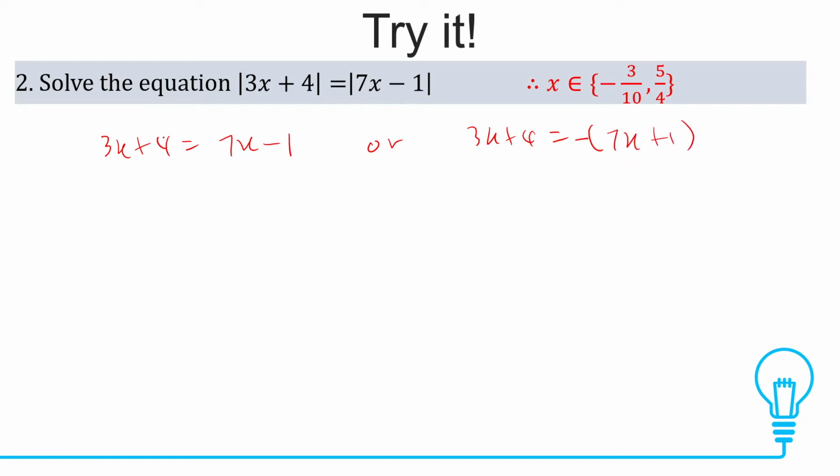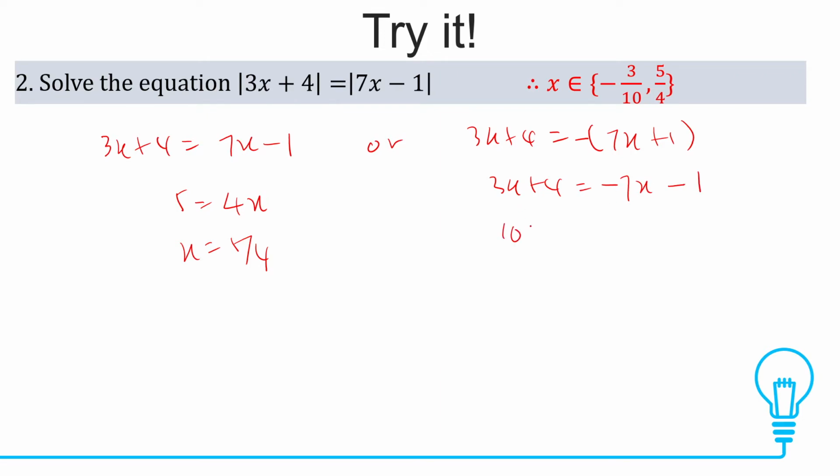So this one I shift here, so I have 10x equals, this one actually is 4x, this one is 5, so my x equals 5 over 4. And my right hand side is 3x plus 4 equals negative 7x minus 1.